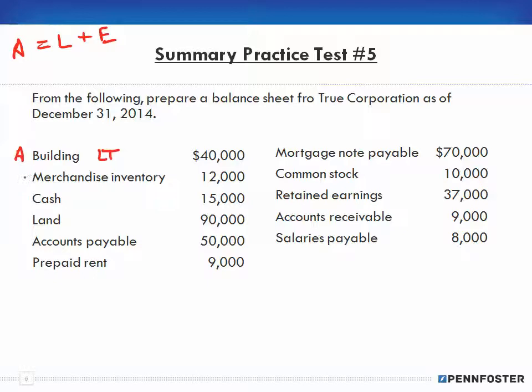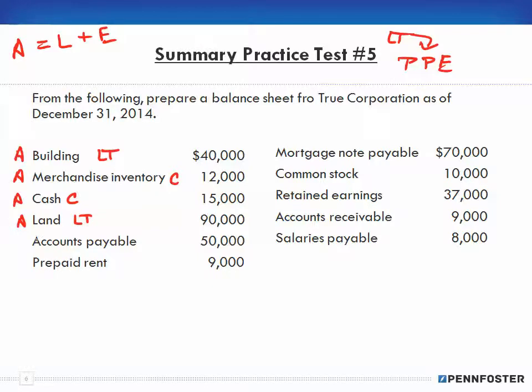Merchandise inventory is also an asset, but that is more of a current asset. Cash is an asset, and that's also current. Land is an asset, and that's long-term. Long-term is the same as property, plant, and equipment. I'm just using long-term, but you'll see when we create the financial statement what property, plant, and equipment is.